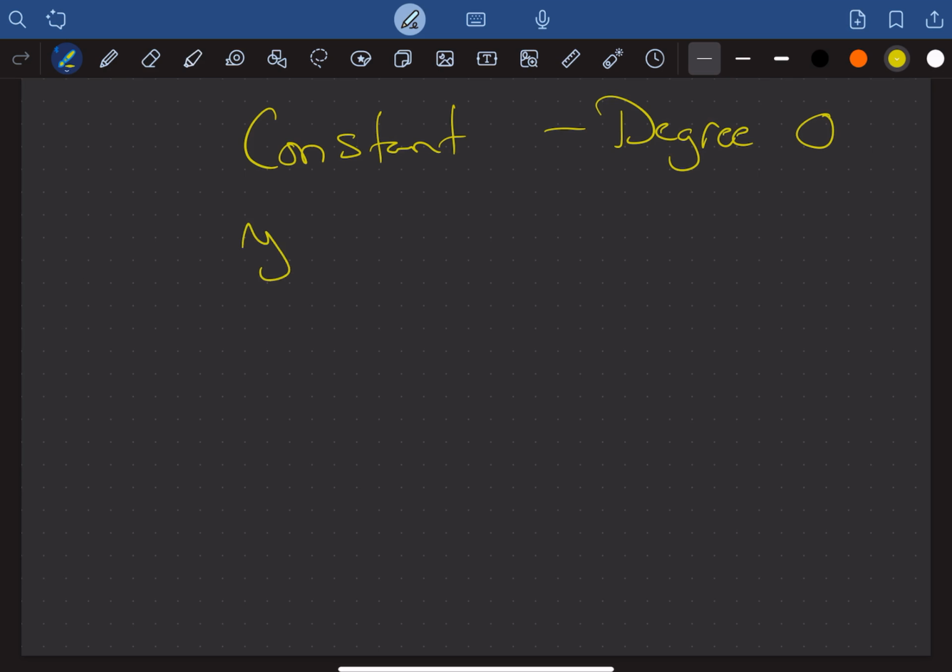In such a case, say we have something like y equals 2x plus 3. This is going to be a linear function, and it is going to have a degree of 1 because x here is assumed to be to the first power if there is no power listed.